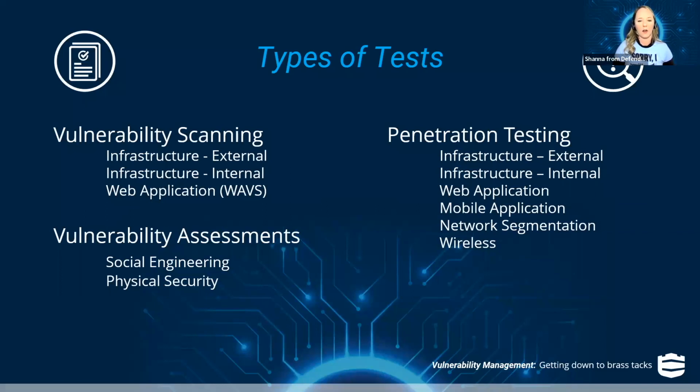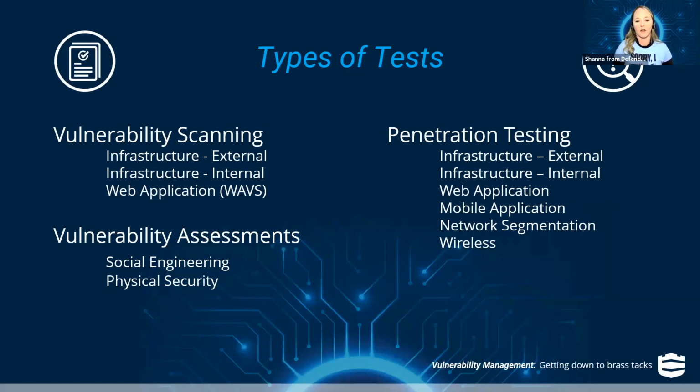So there are wireless pen tests that we can do where we're looking for rogue access points on the network. We're specifically in this test targeting an organization's wireless LAN. And we can also do things like Bluetooth, for example.